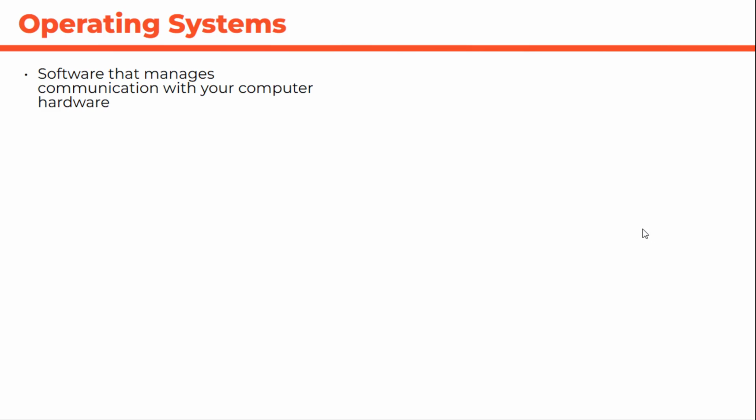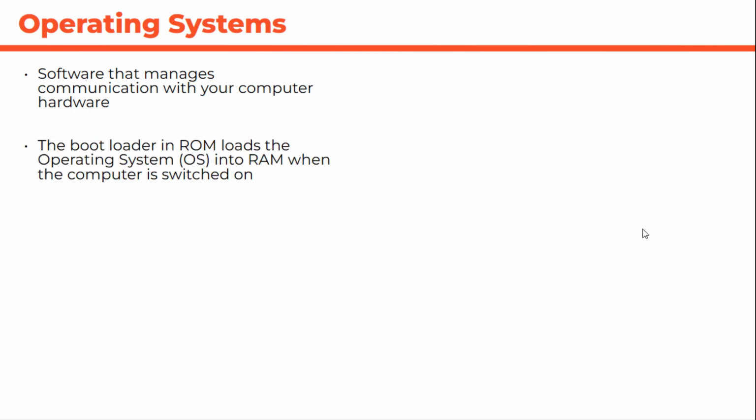Now, when we say operating systems, it's actually a piece of software that manages the communication with your computer hardware. It's like the middleman between us and what we're doing to the computer, and also what the computer's actually doing to the hardware. So that's the operating system. Now the bootloader in read-only memory loads the operating system into RAM when the computer is switched on.